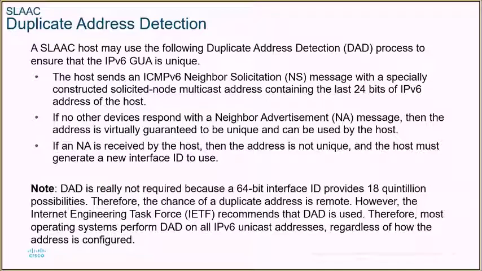If no other devices respond with a neighbor advertisement message, and this is basically equivalent to ARP from the old IPv4, then no one else is using that address, and so it's free to use. If a neighbor advertisement is received by the host, then the address is not unique, and the host must generate a new interface ID to use. Often, if it's EUI-64, it'll just modify those 4 characters it jammed in the middle.